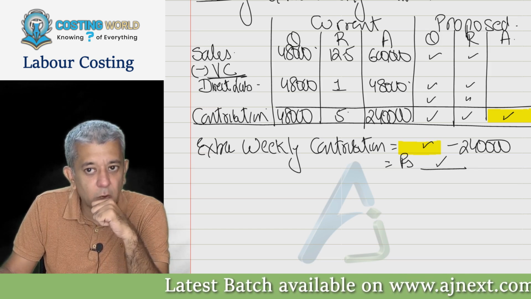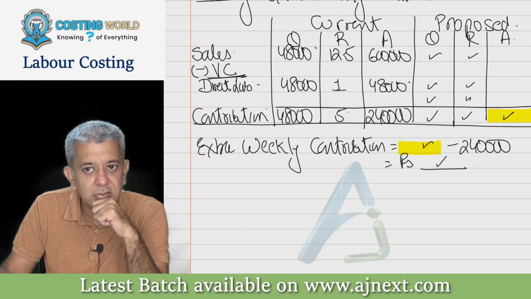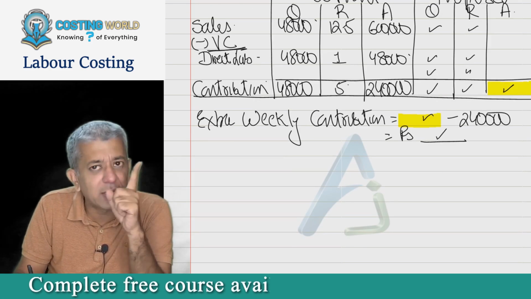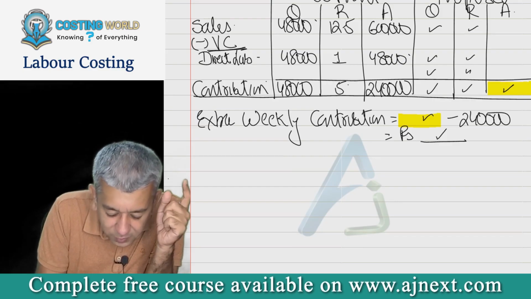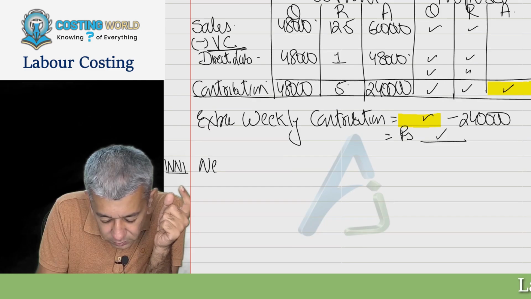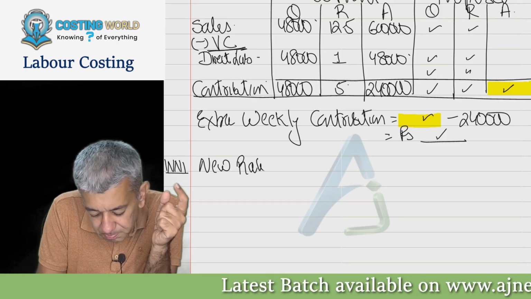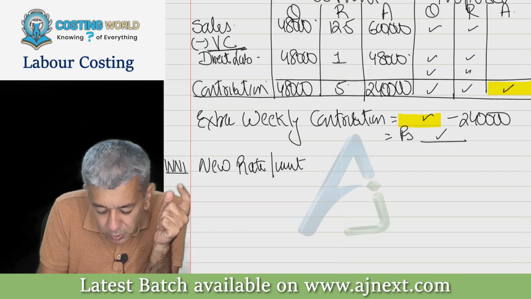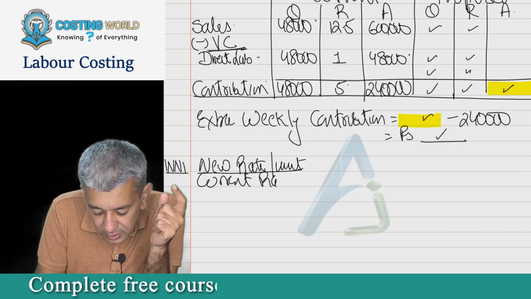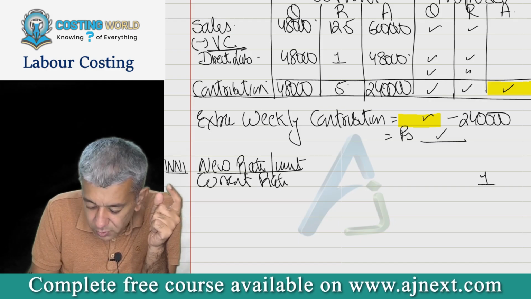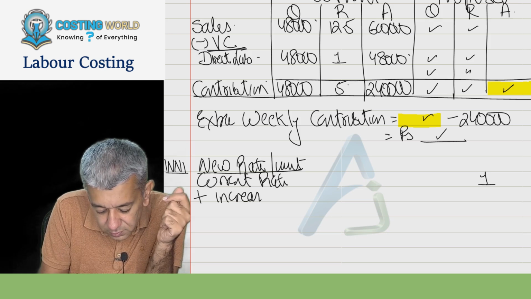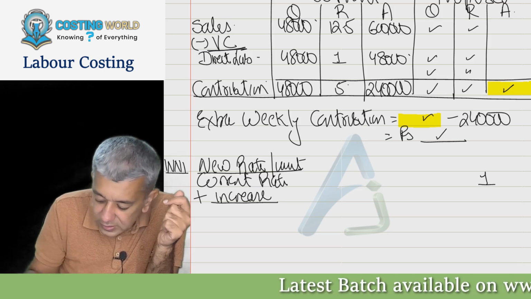Everybody's answers are wrong till now. So, what I suggest is, I'll make one working note, then you all continue after that. Okay, so write down please, working note 1. New rate per unit. Current rate, rupee 1. Add increase.